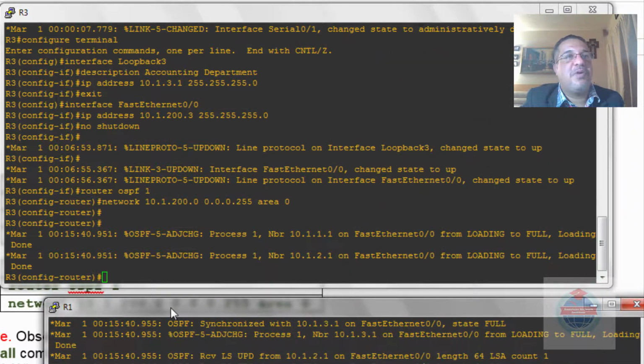And let's check over there on R3 what's going on. OSPF adjacencies mentioned that it recognized neighbors 10.1.1.1 and 10.1.2.1 that correspond to router 1 and router 2. This exercise is coming nice and sweet. Don't you think so, guys? It's like a game. Love to be playing with this stuff, guys.